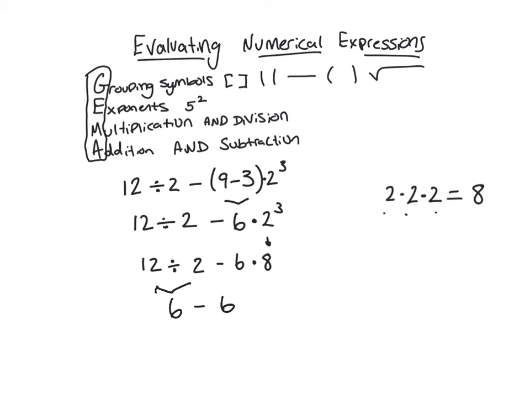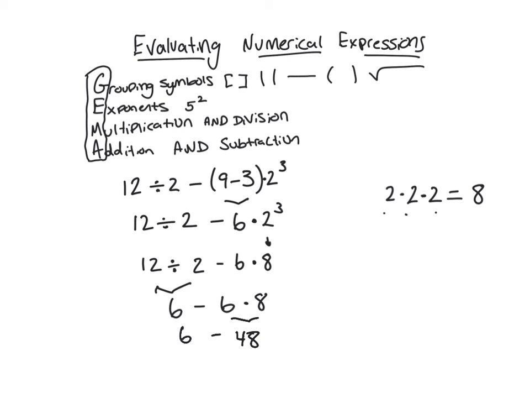And I'm going to copy everything else down. Now, I don't get to move on to the next part of GEMDAS yet because I still have a multiplication part of my numerical expression right here. And so I'm going to do this 6 times 8, which is 48. Now notice I ignored the 6 minus whatever because I haven't gotten to subtraction yet.